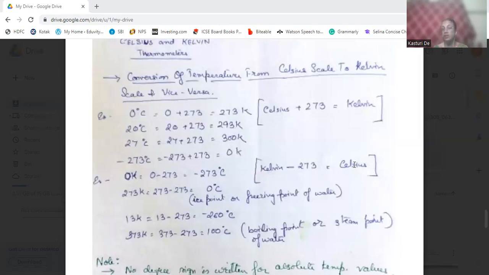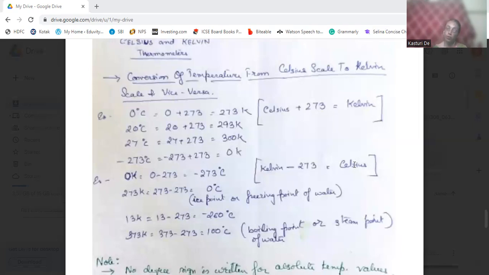If it is 0 Kelvin, then 0 minus 273 is minus 273 degrees Celsius. Then 13 Kelvin is 13 minus 273, that is minus 260 degrees centigrade. Or 373 Kelvin, 373 minus 273, is 100 degrees Celsius, the boiling point or steam point of water.